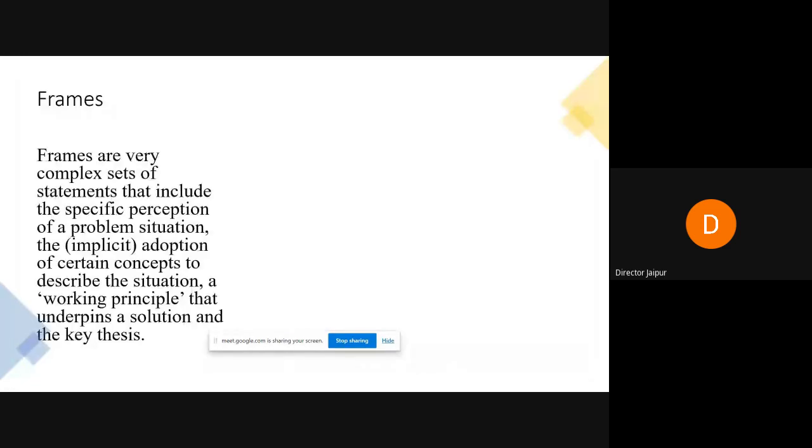Then what are frames? Frames are not simple, of course, because if you want to get better things, you have to work hard. Frames are a very complex set of statements that include the specific perception of a problem situation, the adoption of a certain concept to describe the situation, a working principle that underpins a solution, and a keyword.